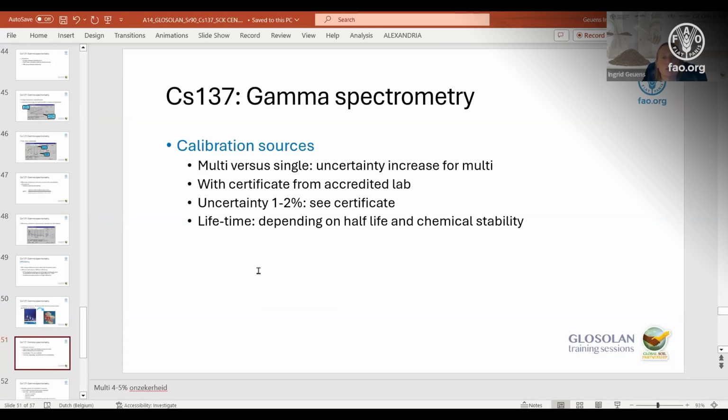You can read that on the certificate. Surely buy sources from a certified lab, so a lab that's working under accreditation. You can use other sources, but it increases your uncertainty a lot.